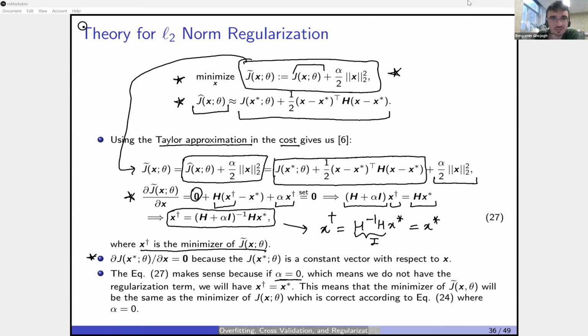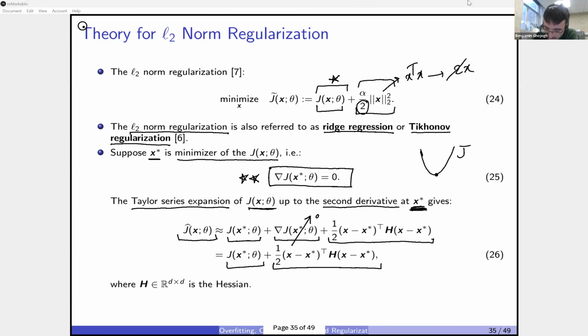What was x star? In the previous slide, we saw that it's actually the solution to the minimization of J. And that makes sense. If you set alpha to 0, there is no penalty term. So the minimizer of J is also the minimizer of J tilde. That's correct.